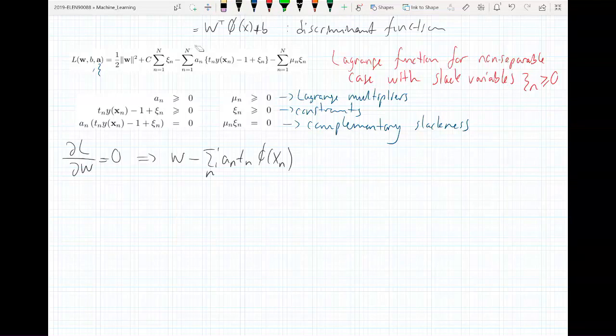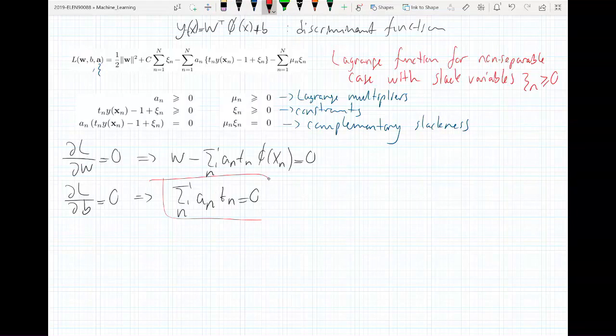So this is y of x. This is equal to 0, therefore I get w, the same as before. Then when I take the derivative with respect to b, it's even simpler because b is inside here and everything else zeroes out. I only have the sum over n of a n, t n equals 0, but that's the first part of my box condition.